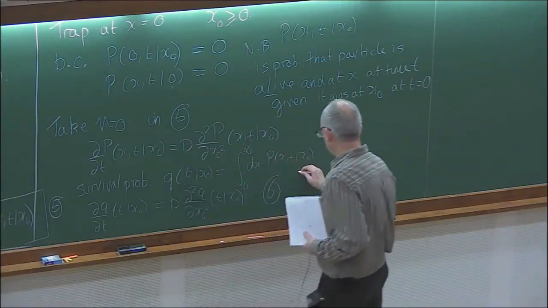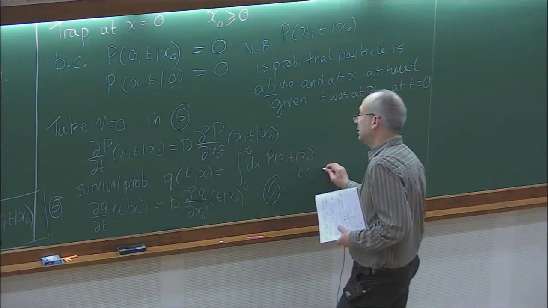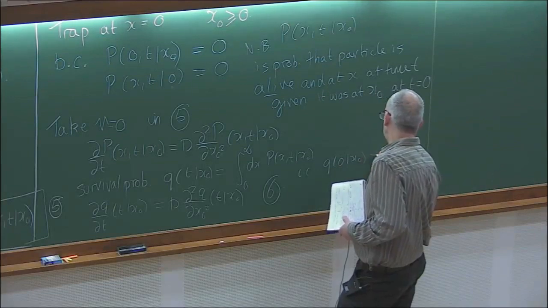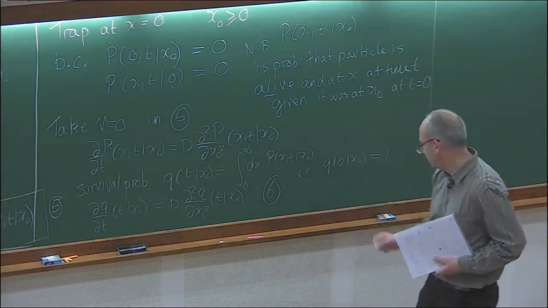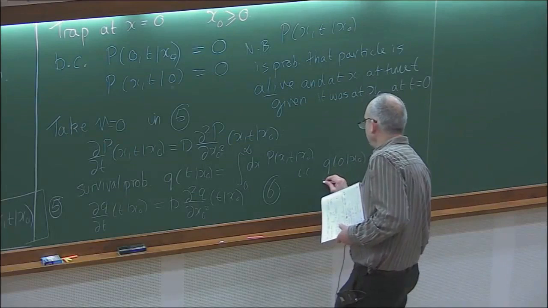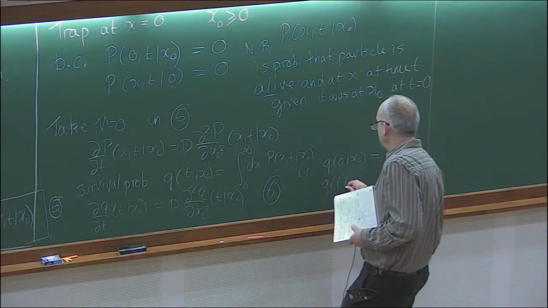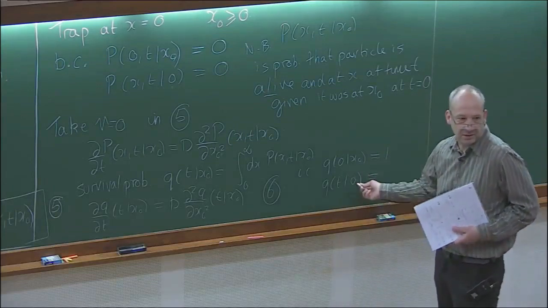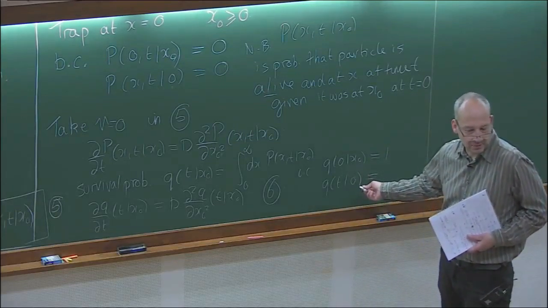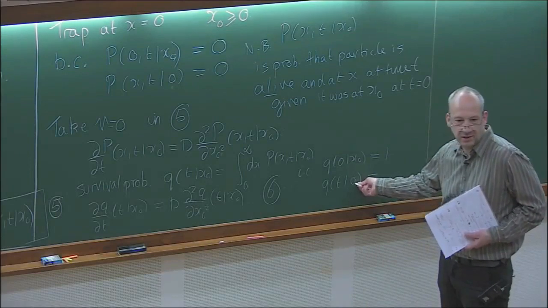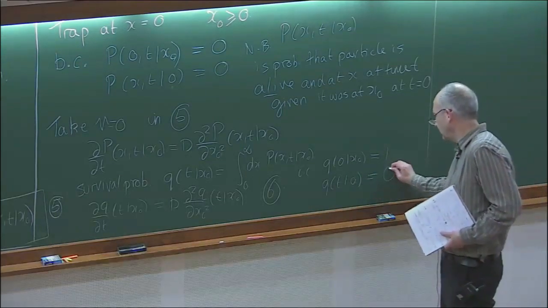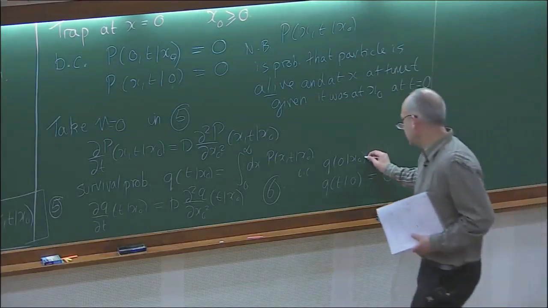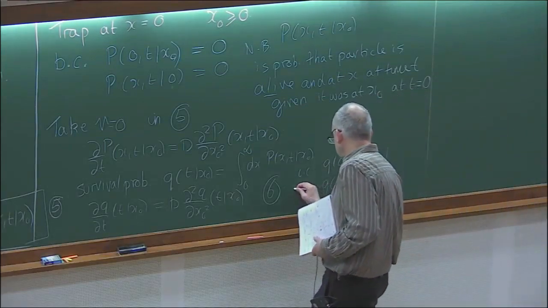So the initial condition is q(0, x naught) equals 1, for x naught not equal to 0. And if it tried to start at x naught equals 0, then, okay, it doesn't survive. The moment the initial position is 0, it's trapped. So that probability is 0. So this is the initial condition. This is the boundary condition.